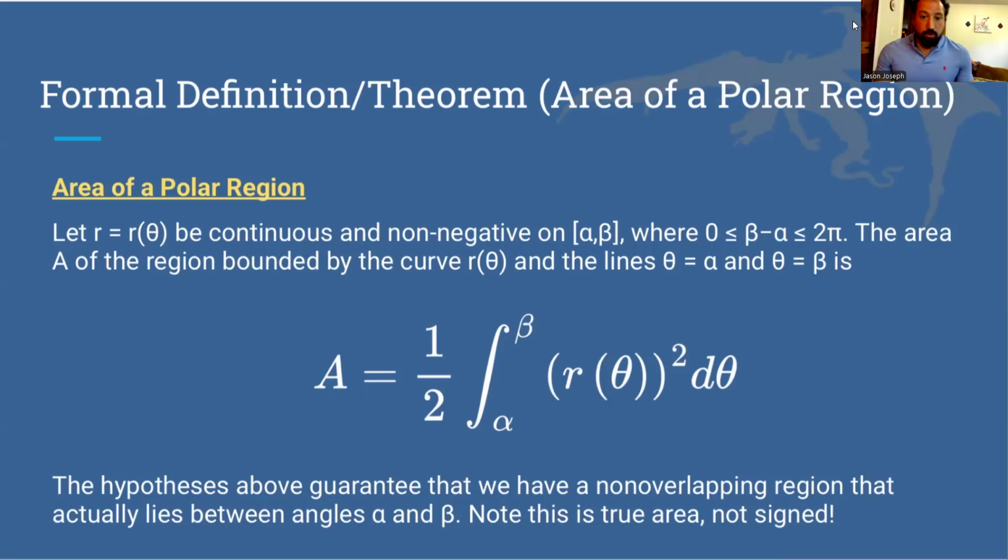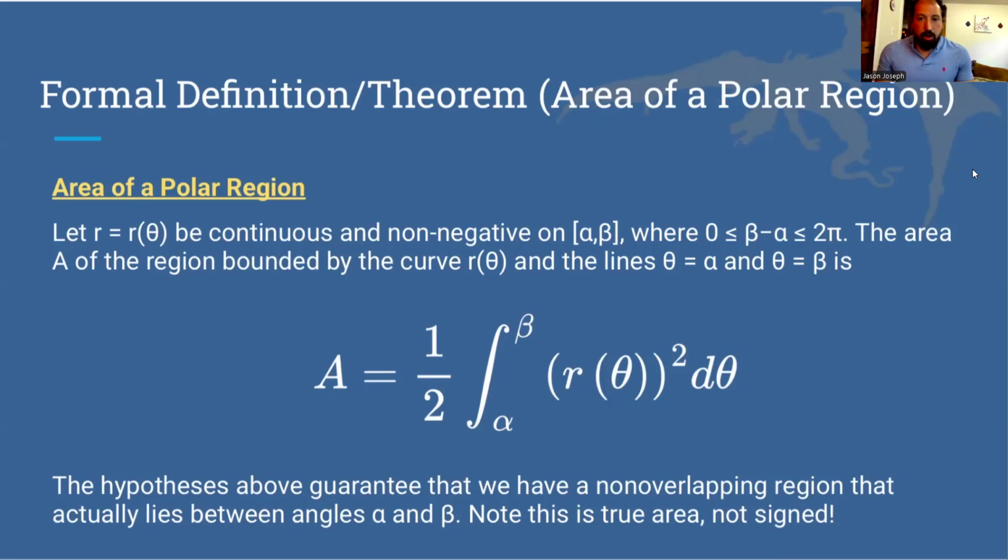So just to note, this thing about the angles not going more than once all the way around is to make sure we're not double counting area. If you did a circle from 0 to 4 pi, that would just count the area twice, right? So we don't want to overcount.